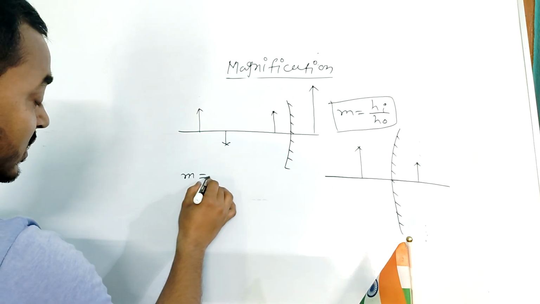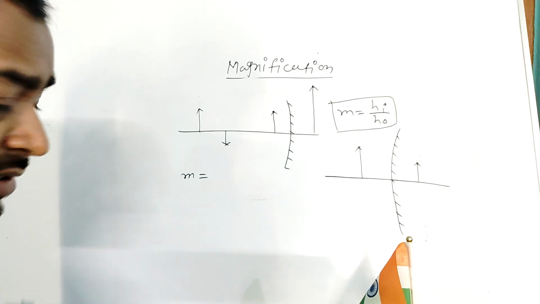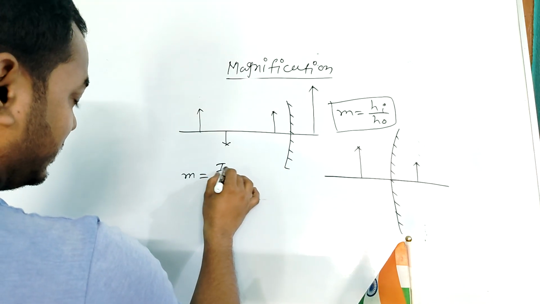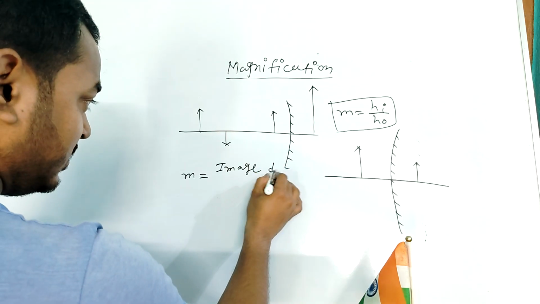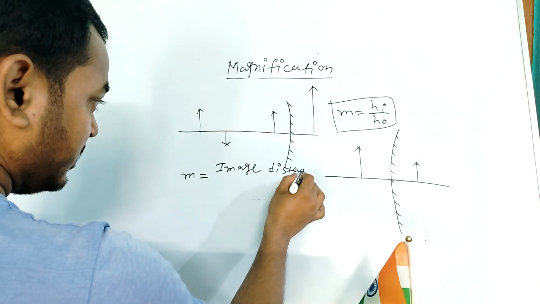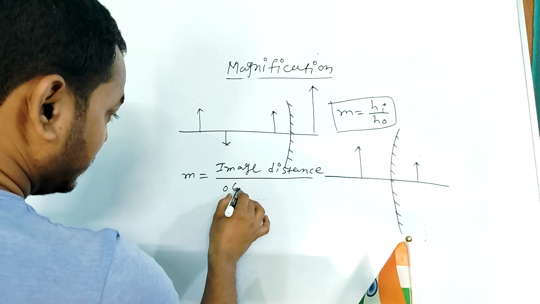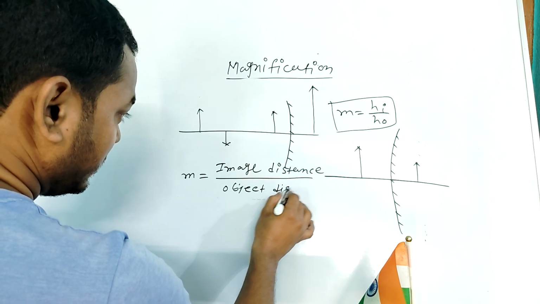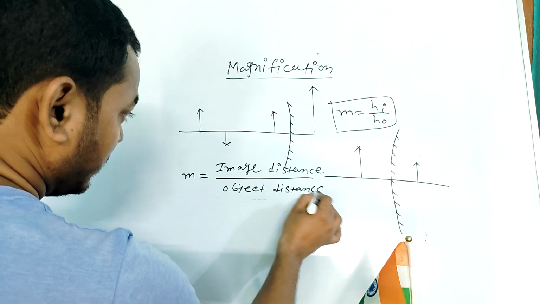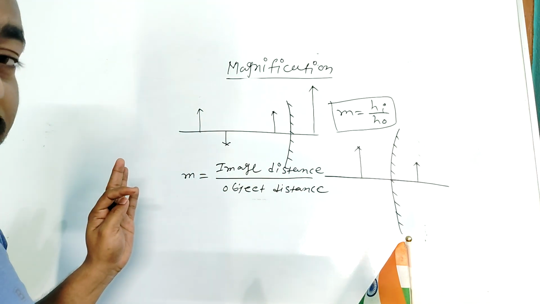It is image distance divided by object distance. So image distance divided by object distance.